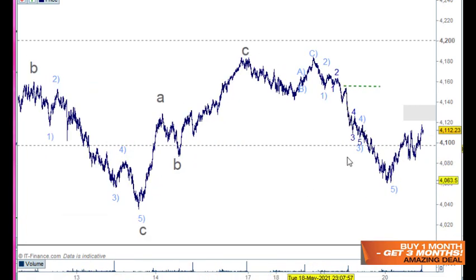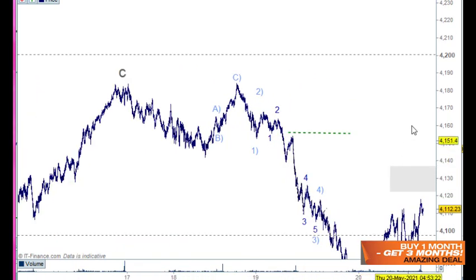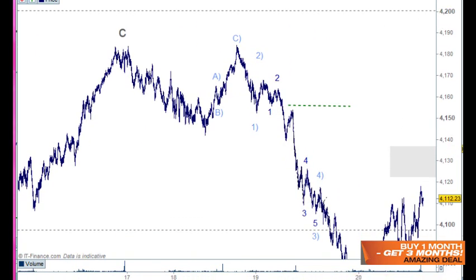And then when it comes over here, we can count this as an A and a B and a C. Now, as I mentioned, this is one little point higher than just over here. Not by much, but on the cash market that I've just shown you, it's a lot lower at this top here.